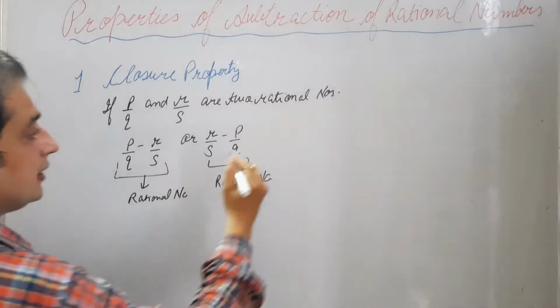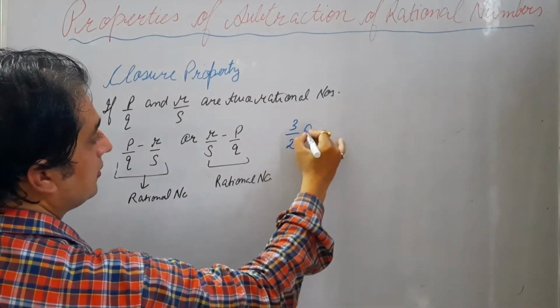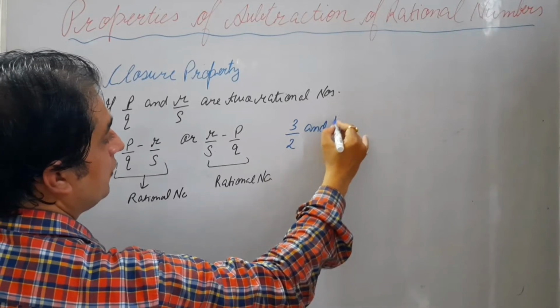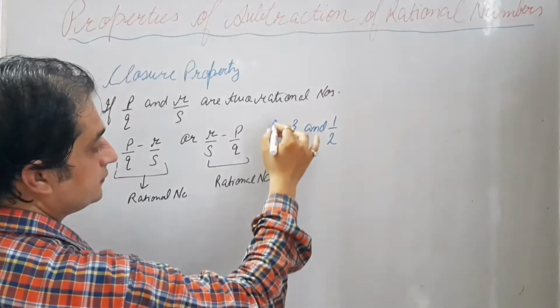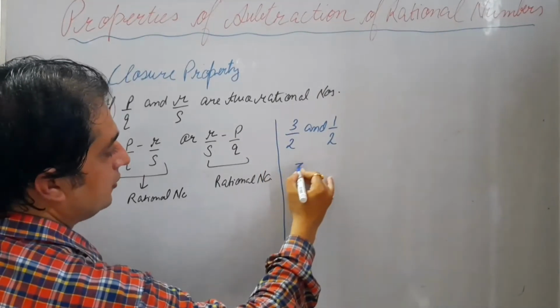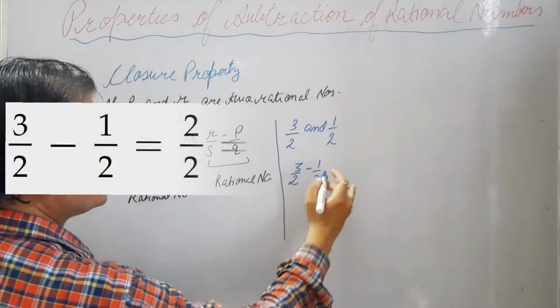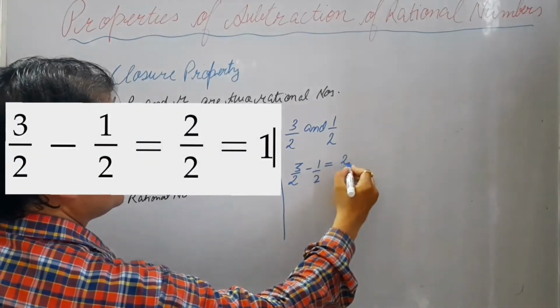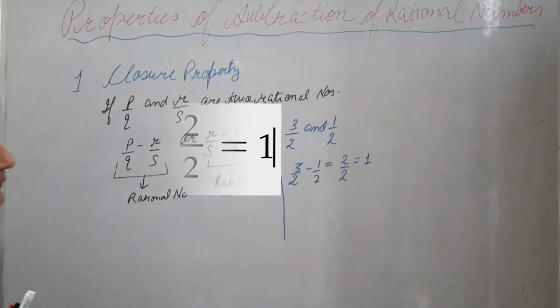Let's take an example: 3 by 2 and 1 by 2. If you subtract 3 by 2 minus 1 by 2, first rational number minus second rational number, you will get 2 by 2, or you can reduce it to the lowest form, that is 1.